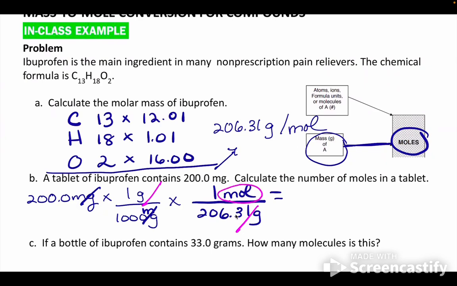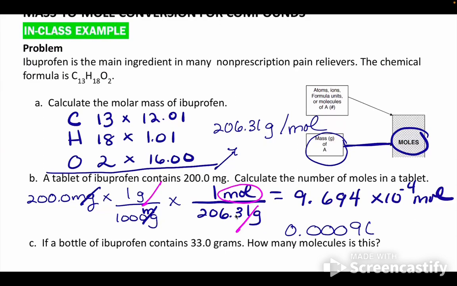And we can calculate this. With 4 sig figs, I get 9.694 times 10 to the negative 4th mole. You could also have it not in scientific notation, which works too.